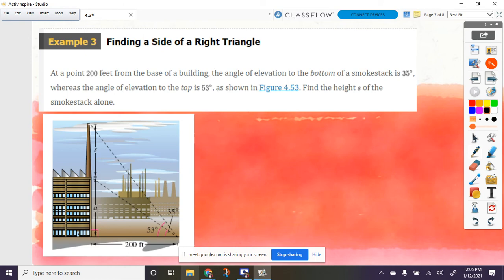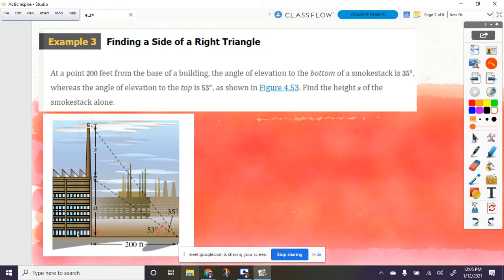Find the height S of the smokestack alone. What do we want to do? For the 35 one and the 53 one, subtract. So I could find the height of the entire thing.